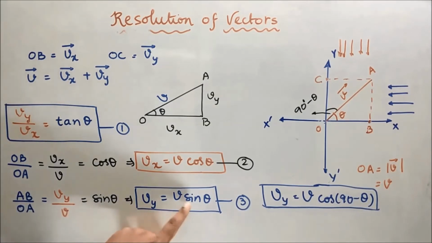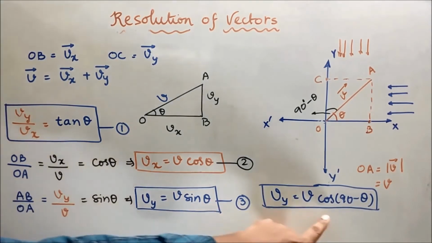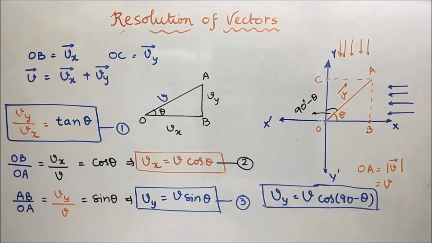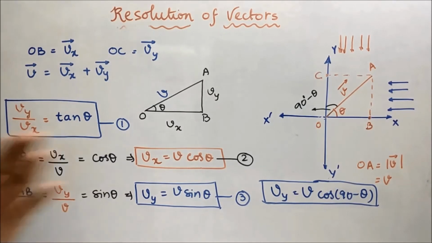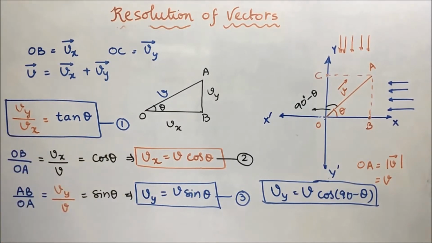If you want to write this in terms of cos, then Vy is equal to v cos 90 minus theta. Now we are going to use rectangular components from now onwards. Therefore, the direction along the x-axis is given a special notation, or is denoted by a special unit vector. What are unit vectors? We have already discussed.